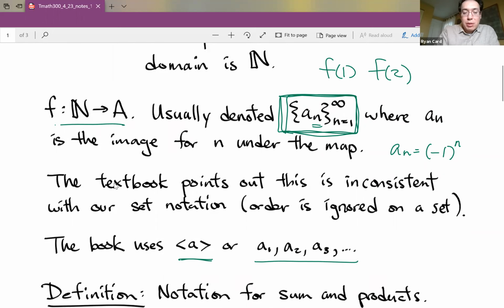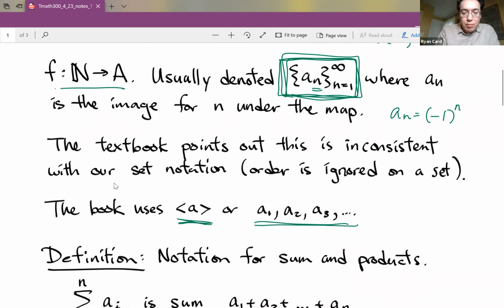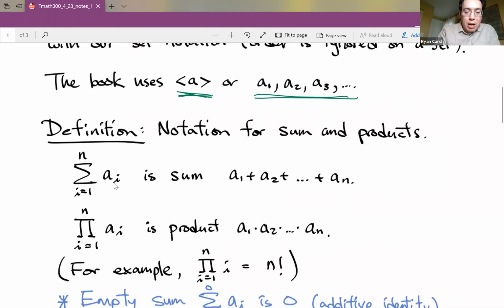Some books use these notations, but I gotta admit, the notation that uses braces is far more popular, and you have to tell yourself that that's different from a set, it's a sequence. Okay.